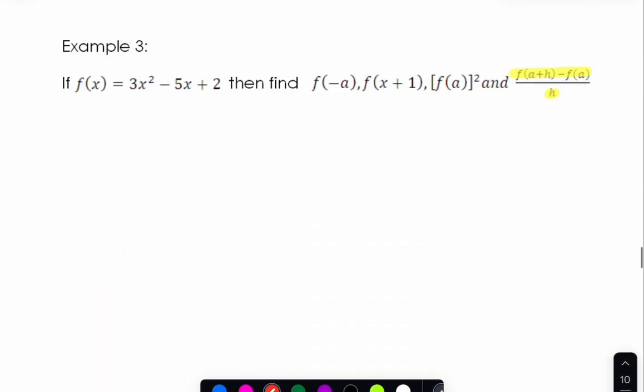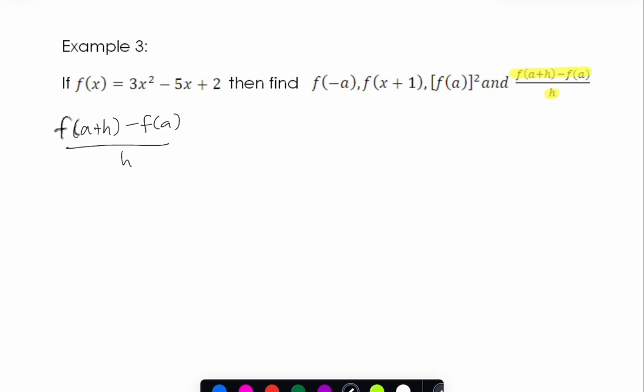And then let's finish this off with the thing we see in the back there. I'm going to write it a little nicer for you. That is f of a plus h minus f of a all over h. Now, in this course, that is going to be something that we explore when we start to learn about derivatives.